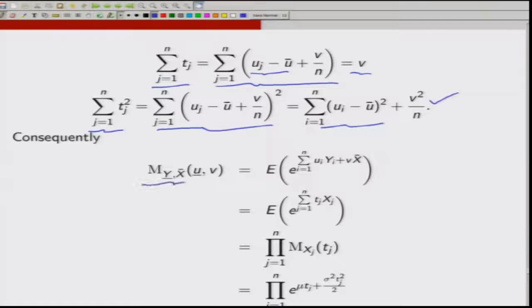So now I look at my M y,x bar (u, v), which is the expected value of e to the power summation i equal to 1 to n ui yi plus v x bar, which is the expected value of e to the power summation j equal to 1 to n tj xj. Because the xj's are independent, it is the same as the product j equal to 1 to n of the MGF of xj at tj. But xj is normal mu, sigma square, so this is the same as e to the power mu tj plus sigma square tj square by 2.